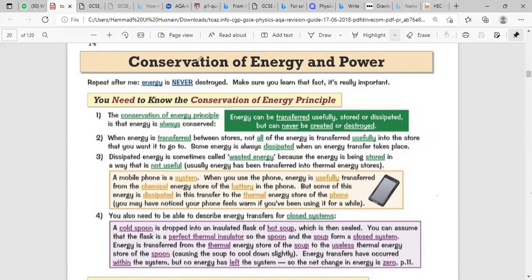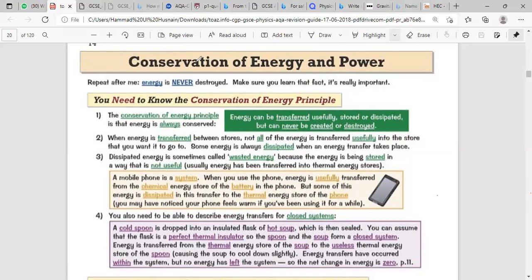It can be converted from gravitational potential energy to kinetic energy, or from kinetic energy to gravitational potential energy, or it might be converted into any other form of energy, but the total energy of the system will not change. It will always remain the same. So energy is never destroyed, and energy can never be created. That is what the conservation of energy means.